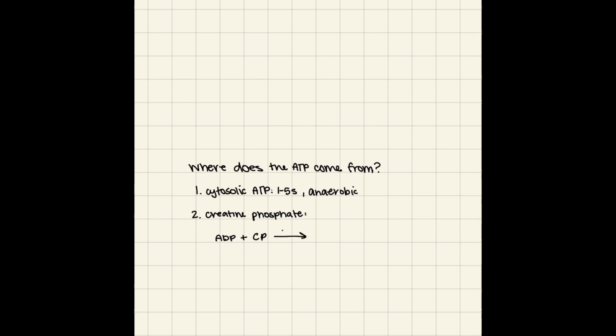We can use a kinase, we call it creatine kinase, to add a phosphate to ADP and make ATP. So this is a little bit easier than going and getting an inorganic phosphate and adding it to ADP. So our body goes to creatine phosphate next because we have a kinase right there. It's really easy to use, and we just pop on a phosphate from an organic source.